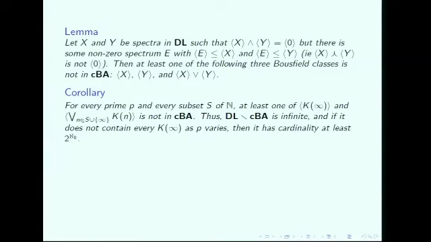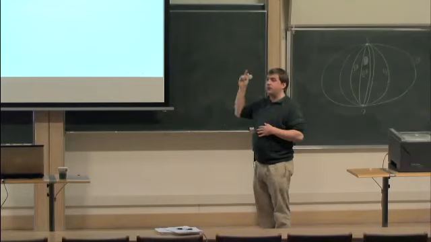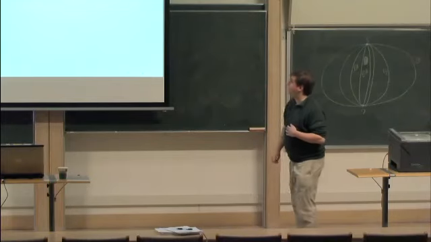For every prime P, and for every subset S of the natural numbers, at least one of either K infinity or the infinite wedge of the Kn's, where n ranges over S plus infinity, so one of those two, possibly both, lies outside of CBA.